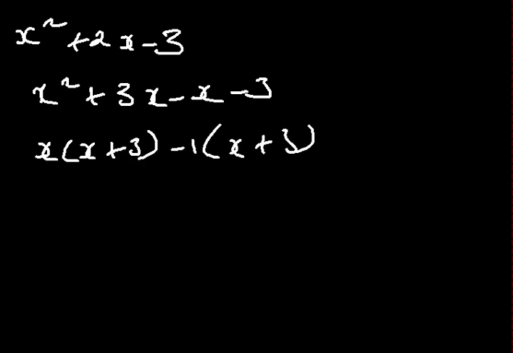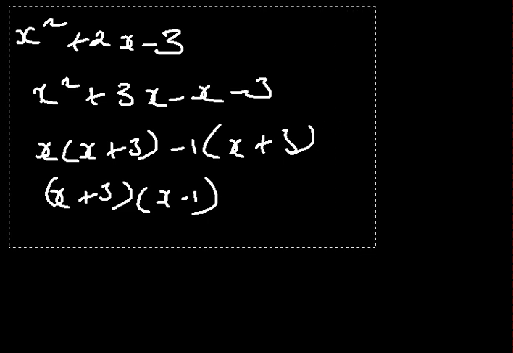That will be given as (x plus 3) times (x minus 1). This technique is somewhat easier because we use the concept of factorization of quadratic expressions. You will understand how this technique works in the upcoming examples, but just bear that in mind.